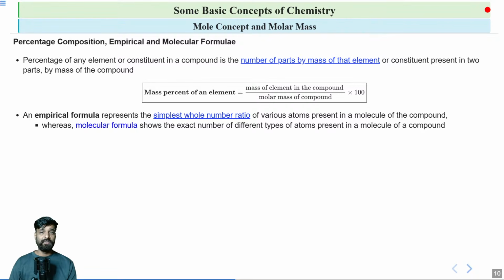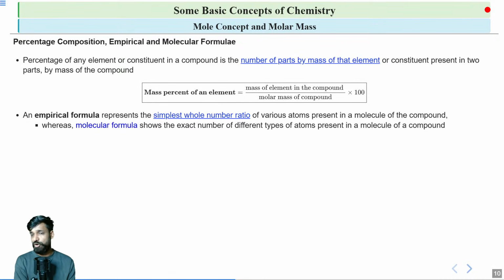Now moving on further to the empirical formula. So what is empirical formula? To understand this, first you should know what is the simplest whole number ratio. Suppose you are taking the formula of glucose, which is C6H12O6. Then what is the common ratio between all of these? It is 6, right?